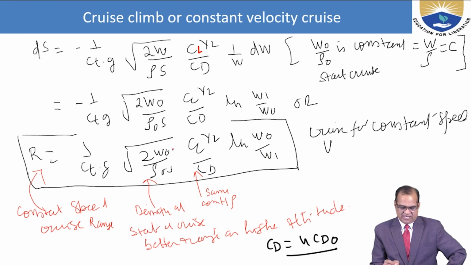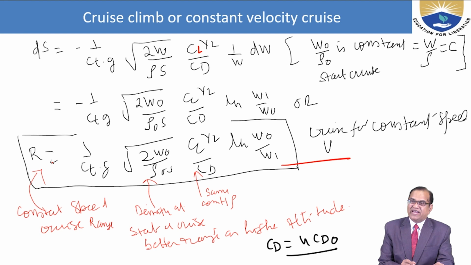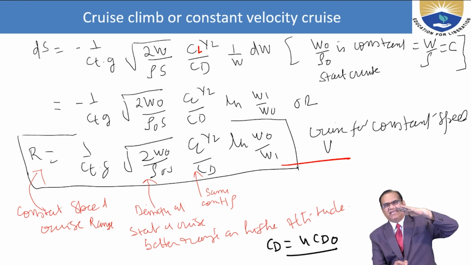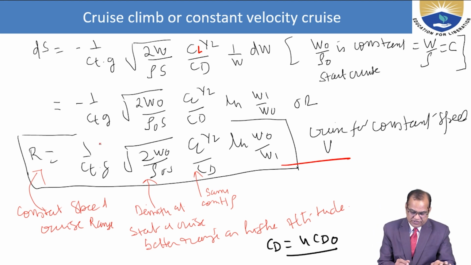If we reverse this, this minus will go off. So we got another equation, that is the range equation for a constant velocity cruise. This is called the constant speed cruise range. If the pilot is maintaining a constant speed, how far will it go? You can calculate it from here, and it is under root 1 by CT into g.